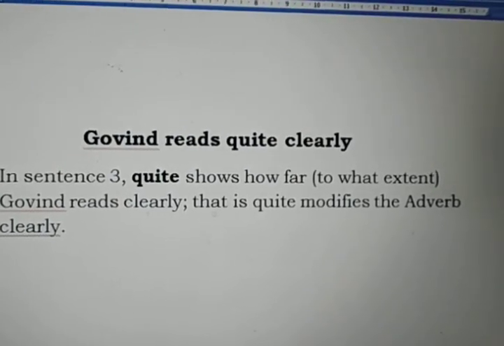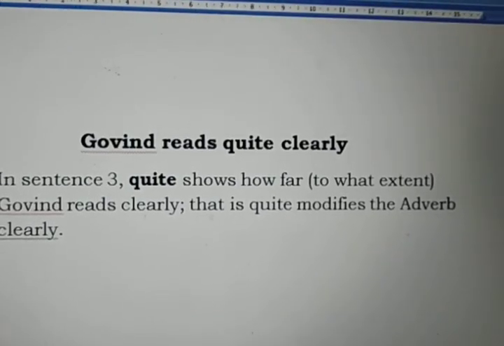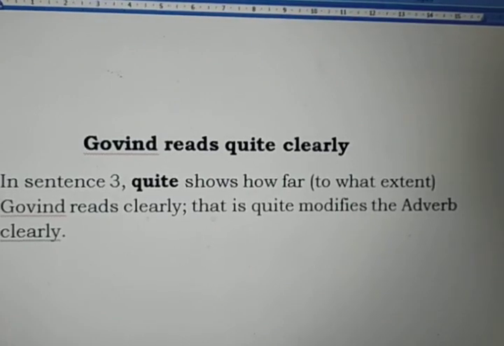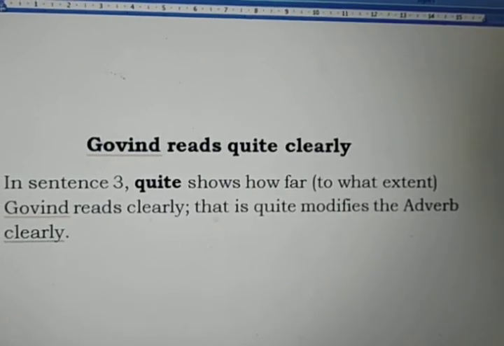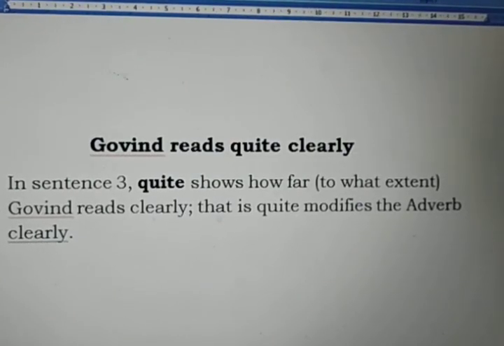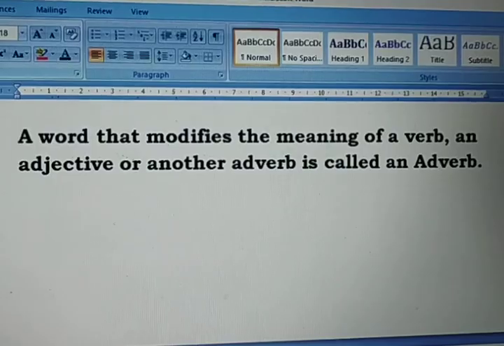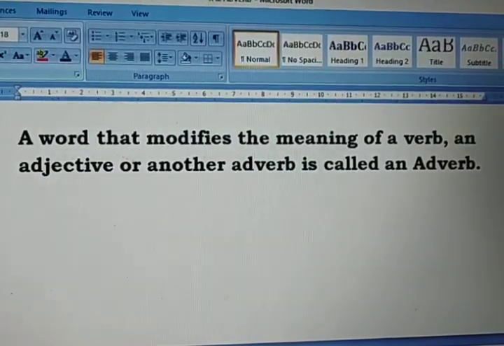In the last examples, first we read that the word modifies the verb. Second, the word modifies the adjective. Here the word quite modifies the adverb that is clearly. So what we get?